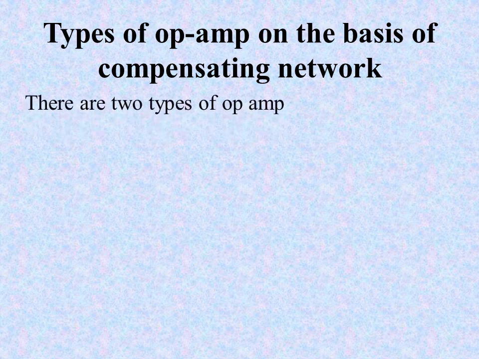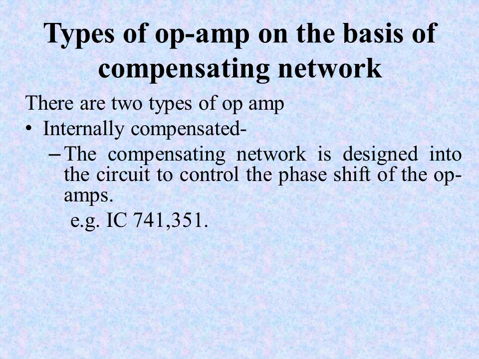On the basis of the compensating networks, we can divide operational amplifiers into two types. First is internally compensated. By internally compensated, we mean that the compensating network is inbuilt inside the IC itself, or we can say the compensating network is designed into the circuit to control the phase shift of the op-amp.